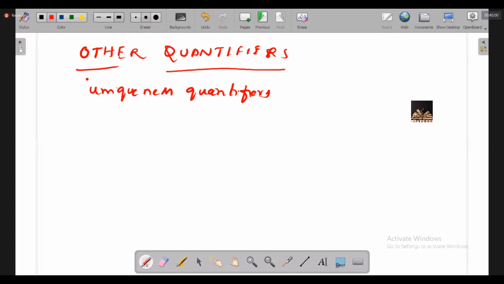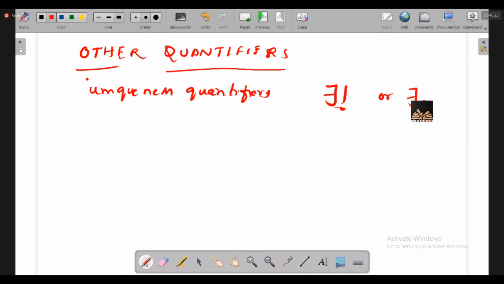That is the uniqueness quantifier. It is represented by there exists, followed by an exclamation symbol, or there exists one, which means there exists only one that is true.